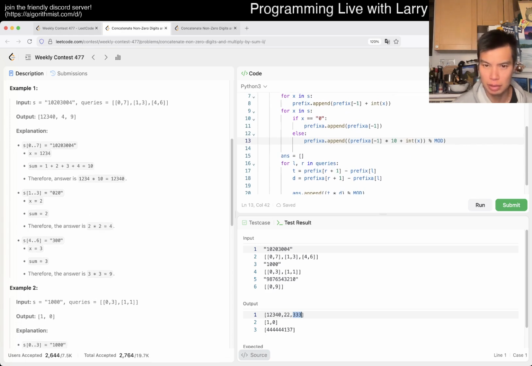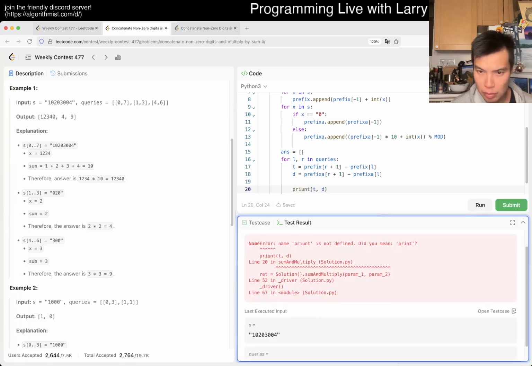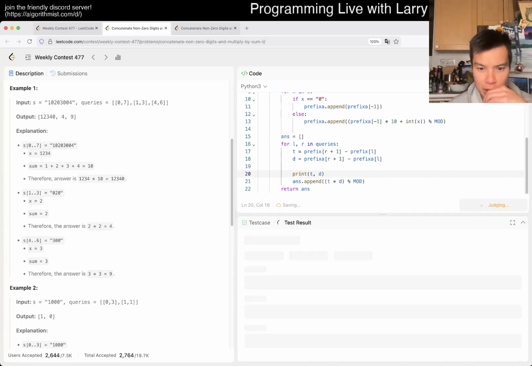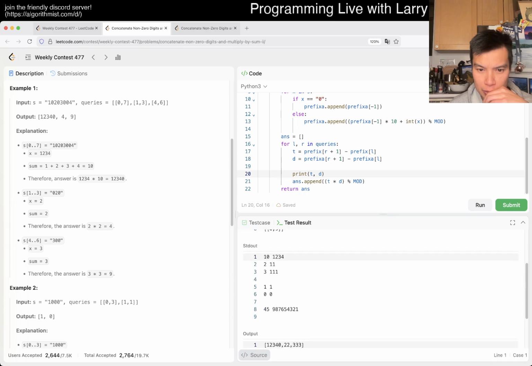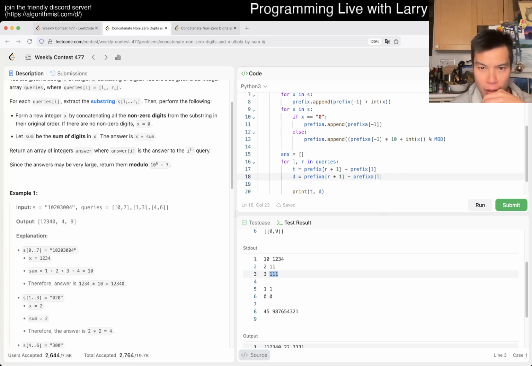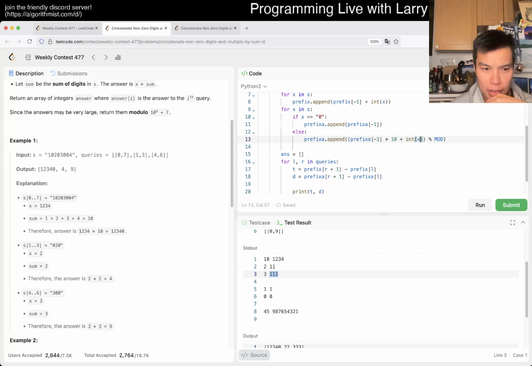No, let's see. That's weird, actually. 1, 1, 1. So the sum is 3, which is fine. And this is 1, 1, 1. Why is it 1, 1, 1? Or even this. Wait, it's 1.